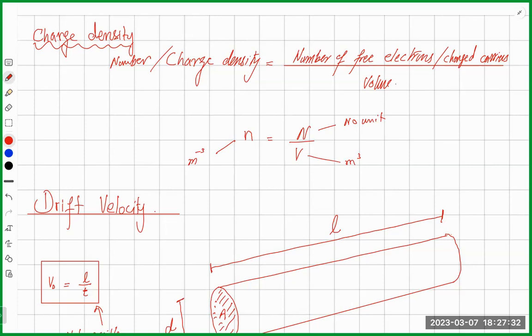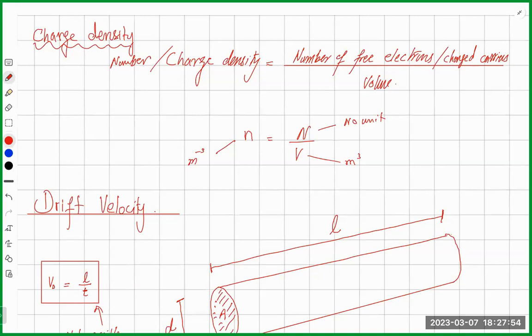Number density is number of free electrons or charged particles which are responsible for transferring energy in a conductor divided by volume of the conductor. Now, today's lesson is about drift velocity.